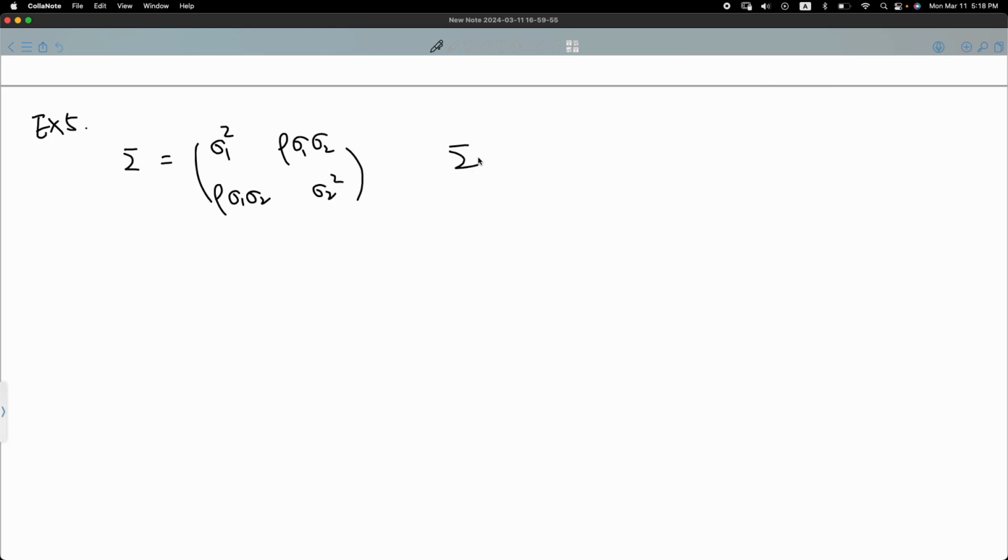And let's calculate the inverse for that. So we can just use the formula for the inverse of a two by two matrix, everything here is just formulas. Here we are calculating the inverse of the matrix.